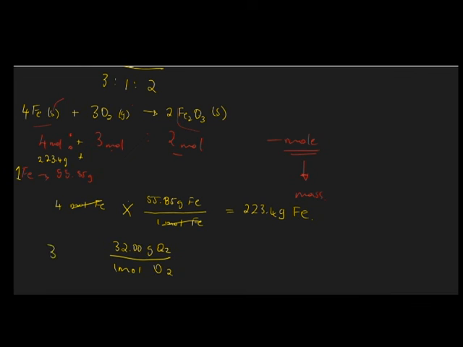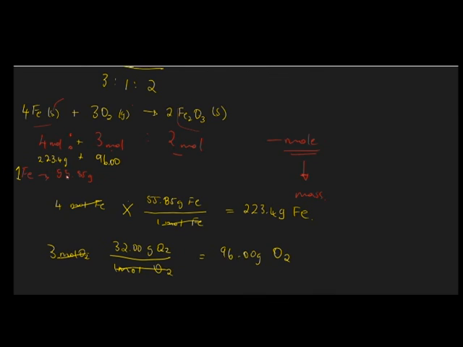Now we need 3 moles of oxygen, so the moles cancel out. We say 3 times 32, that should be 96. So 96 grams of oxygen, and we put it down there.